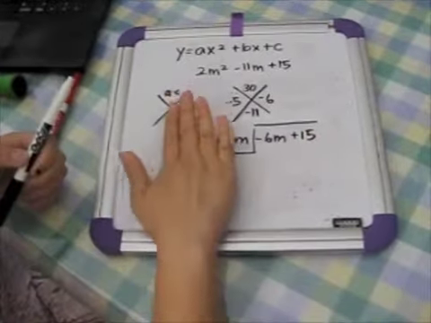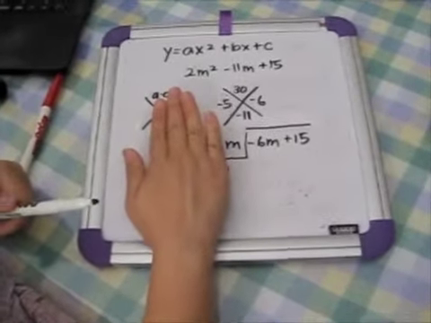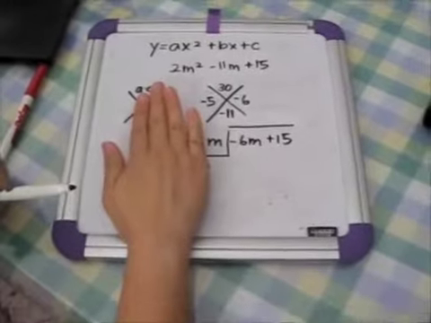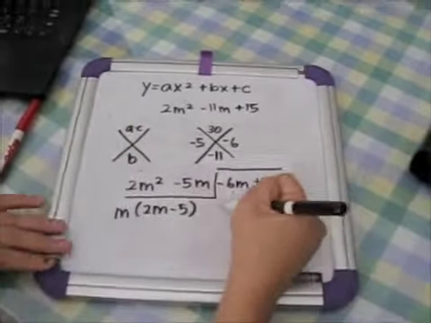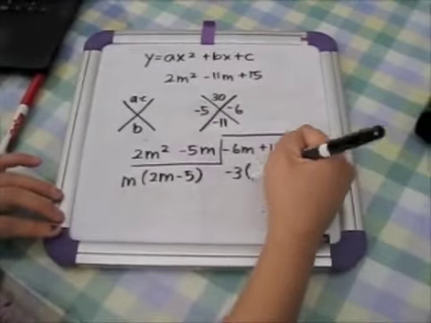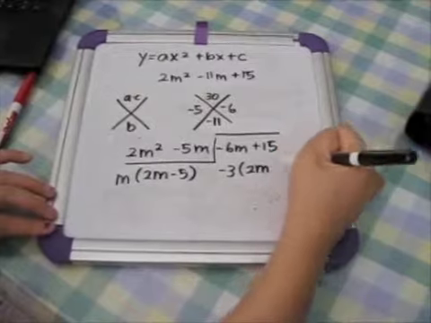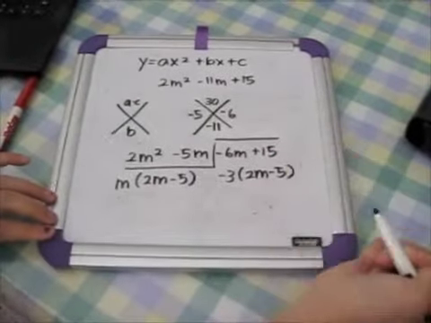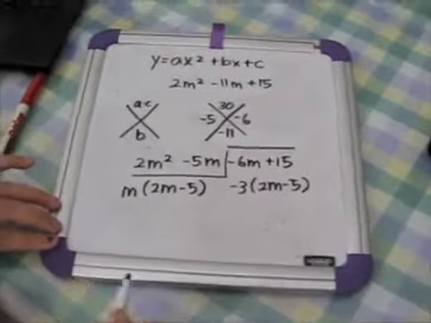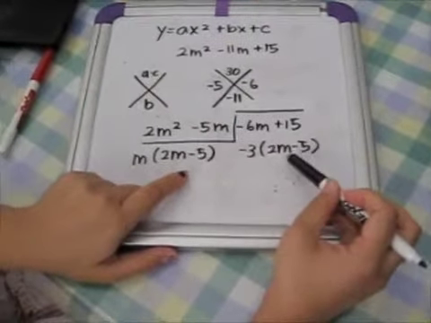Now, I will focus on the second portion of our ladder and see what is the greatest common factor there. Yes, that's right. Negative 3 is the greatest common factor of negative 6m and 15. So I factor that out and I get 2m minus 5 inside the parentheses. And if you can see, 2m minus 5 and 2m minus 5 is a common factor.